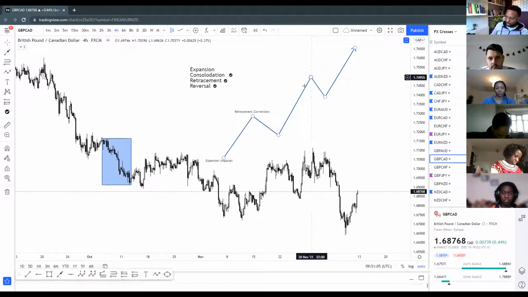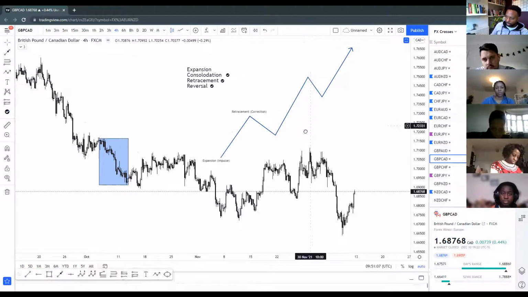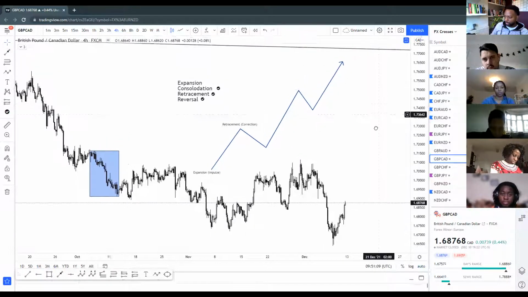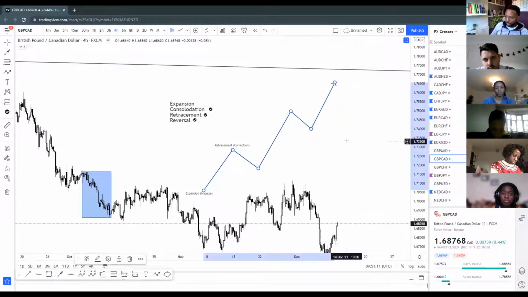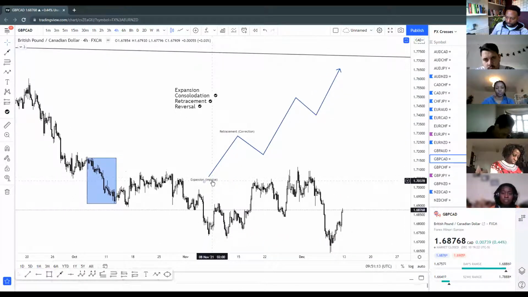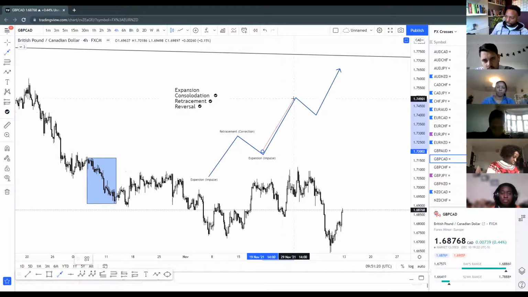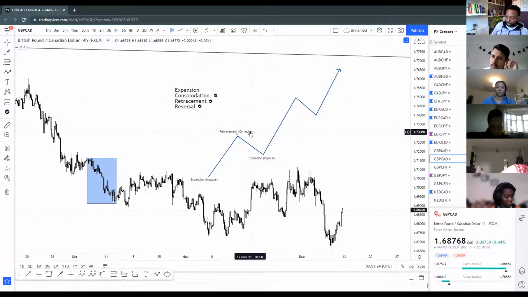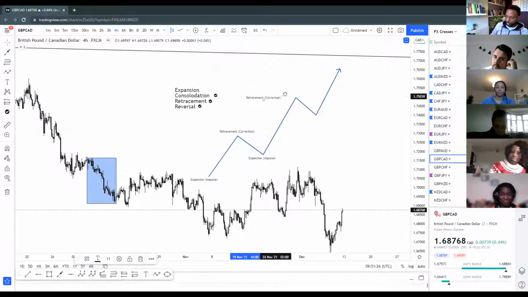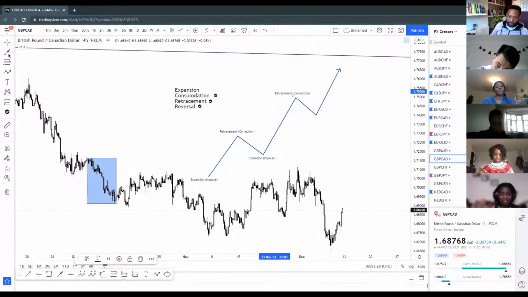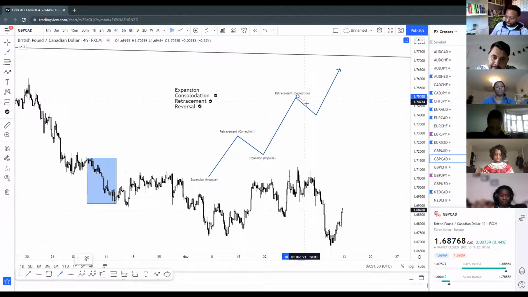Another expansion. Lovely. Expansion or impulse, and that expansion or impulse goes all the way up to there. You follow? And here, correction starts here.